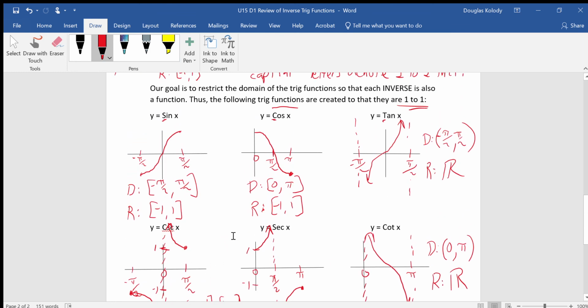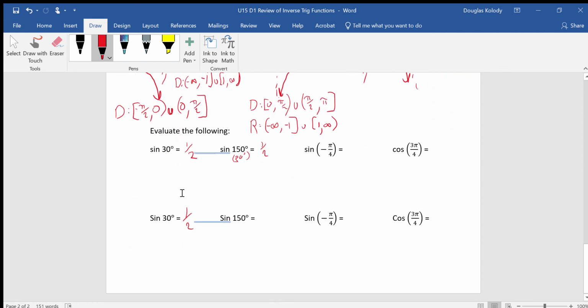Does sine go into quadrant 2? It does not. It just goes from negative pi over 2, which is quadrant 4, to quadrant 1. So this is just quadrants 4 and 1. I know visually this looks like quadrants 1 and 3 right here, but negative pi over 2 is negative 90 degrees to positive 90 degrees. That's quadrants 1 and 4.